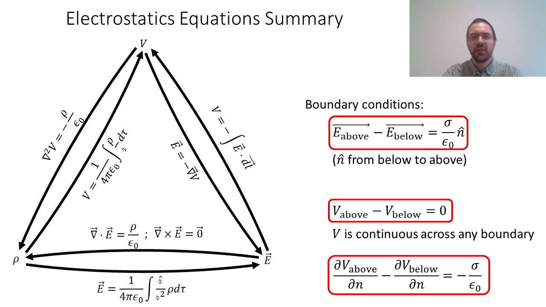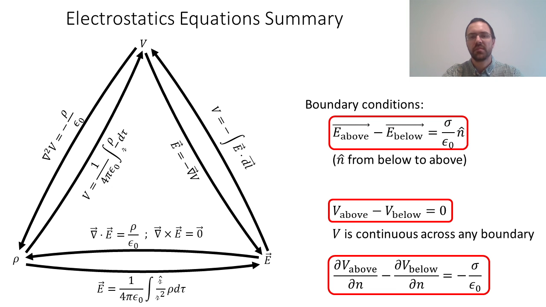So to conclude, we can update our summary of equations for electrostatics. We have already mentioned the relations that we have between the charge density, the electric field, and the electric potential. And now we saw that you have boundary conditions. The electric field is discontinuous across a charged surface.